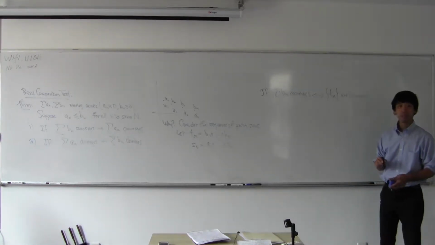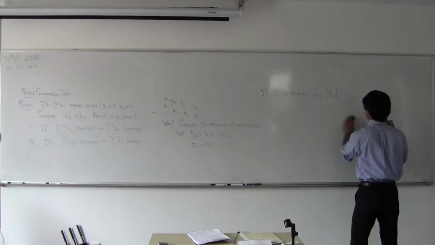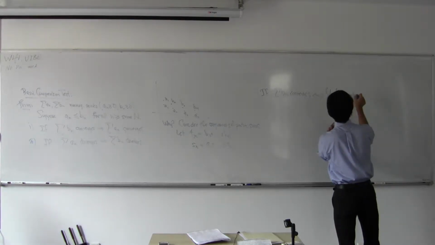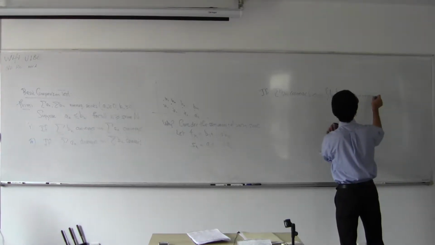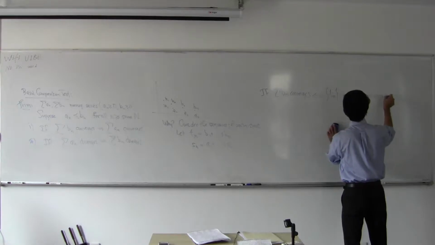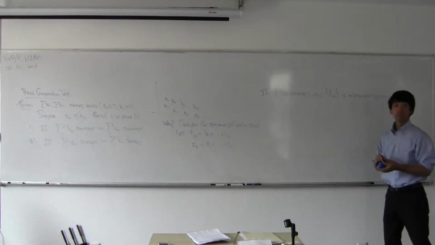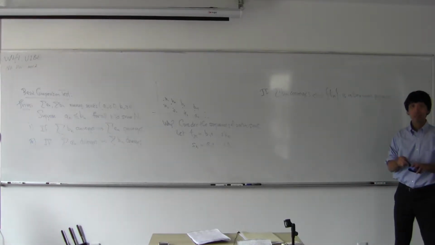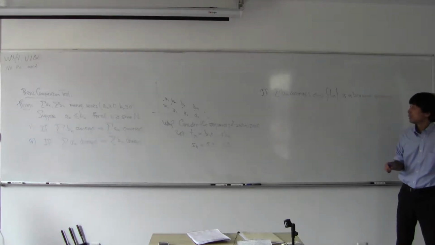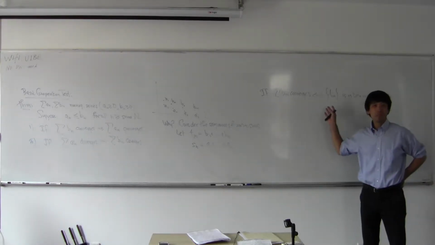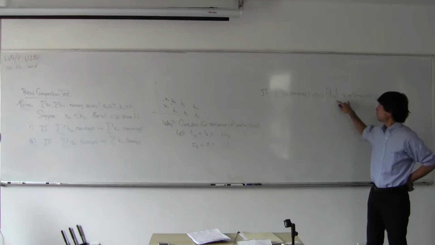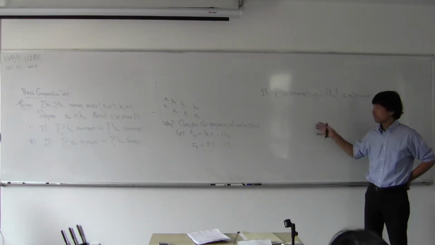Right? If the T sub n is a bounded sequence, okay. But if that happens, then what do you know, right? If T sub n is a bounded sequence, then what does that give you?